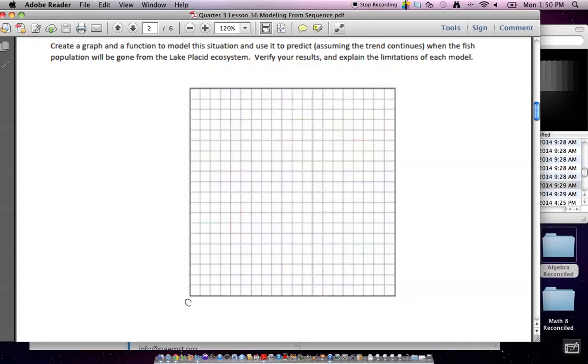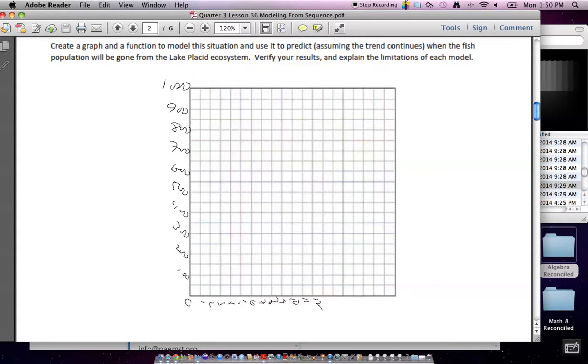And then this is going to be 1, 2, 3, 4, 5, 6, 7, 8, 9, 10, 11, 12. And what is the initial population? 1,000. All right, so I'm going to do 100, 200, 300, 400, 500, 600, 700, 800, 900, and 1,000.